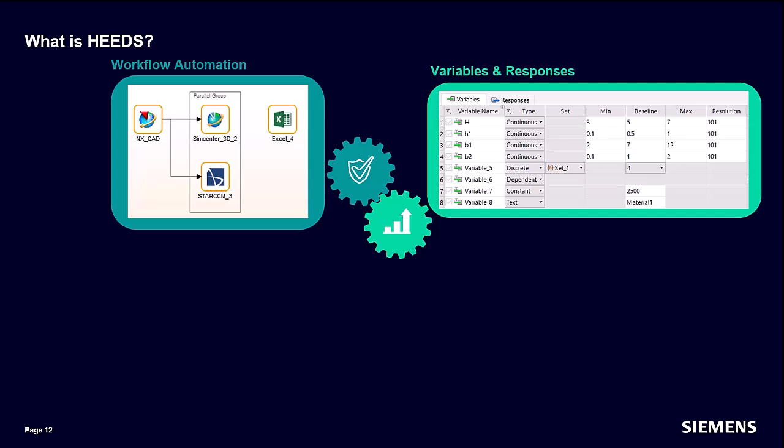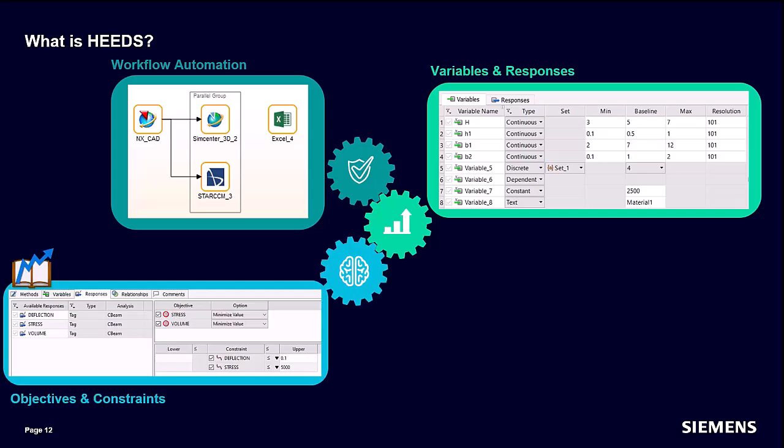Users can define input parameters with specified ranges and specify the desired outputs for monitoring and/or improving performance. HEATS automation simplifies the process by automatically updating input files with new values from the optimization search framework, executing the entire simulation workflow, and extracting the relevant response values. These responses serve as a foundation for defining objectives and constraints for the optimization problem.